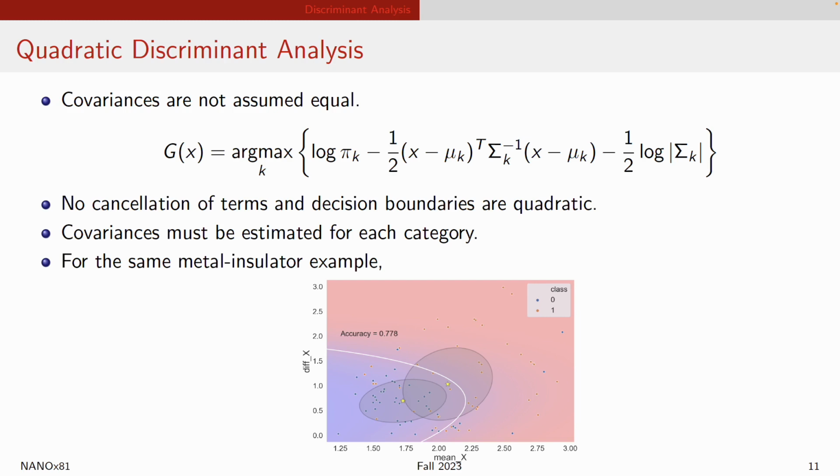While for the insulator data set, I have a larger magnitude of the covariance, okay? You also see that the accuracy in this case actually is slightly lower, right? So in this case, the accuracy of my QDA is just 77.8%, while the one for my linear discriminant analysis is 78.9%, right? It doesn't mean that every single time you make a more complex model, it always performs better.